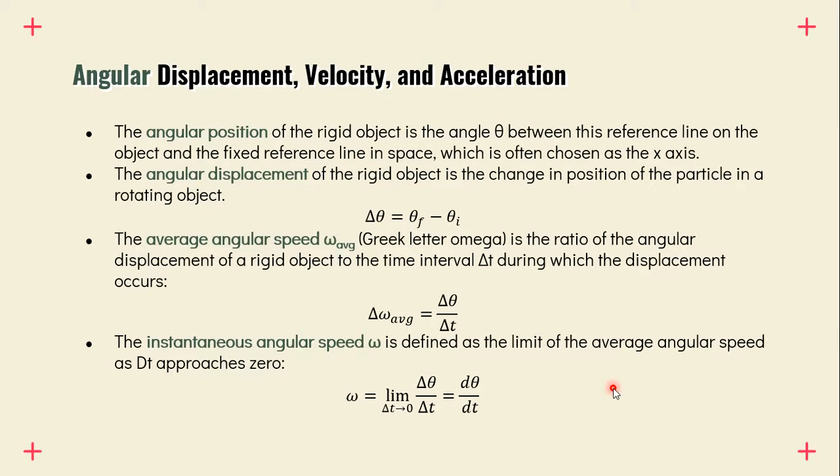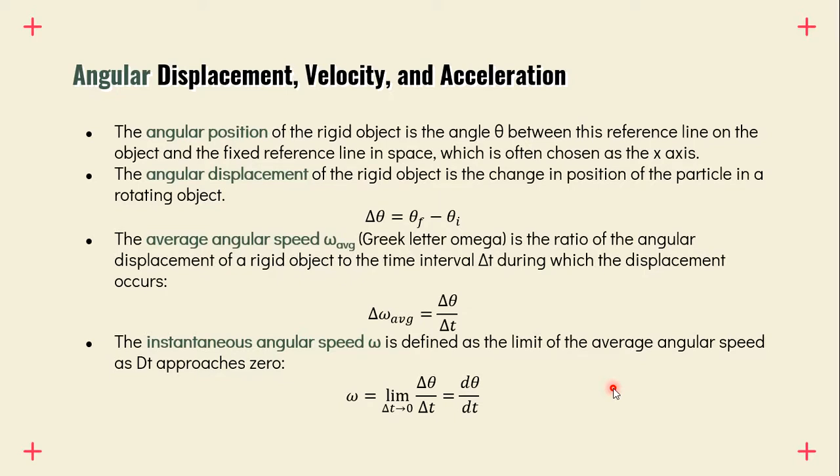The average angular speed, or the Greek letter omega, is the ratio of the angular displacement of the rigid object, which is delta theta, to the time interval delta t during which the displacement occurs. So omega is equal to delta theta over delta t.